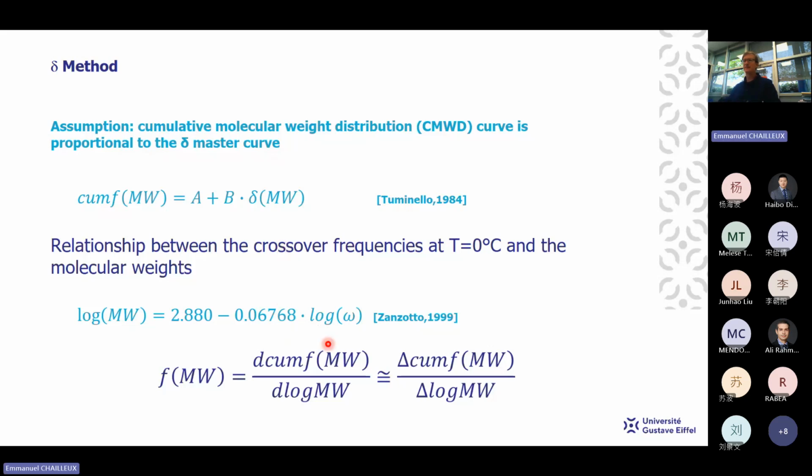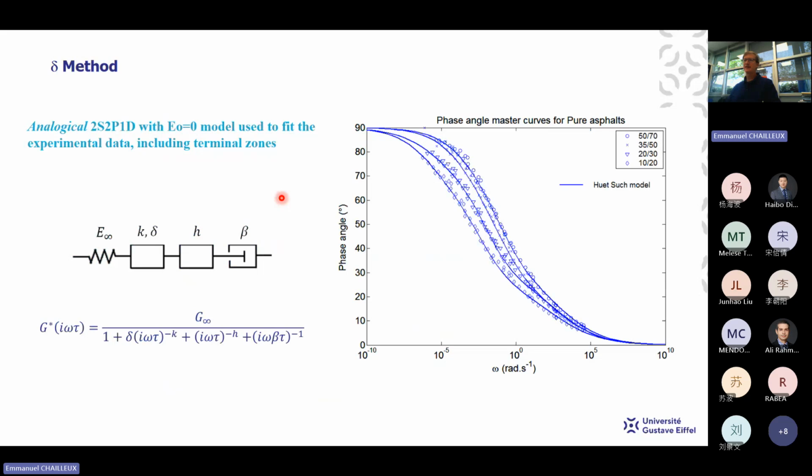So the method, firstly, use modeling. For this modeling, we use this type of model with two non-linear dashpots and one linear dashpot.